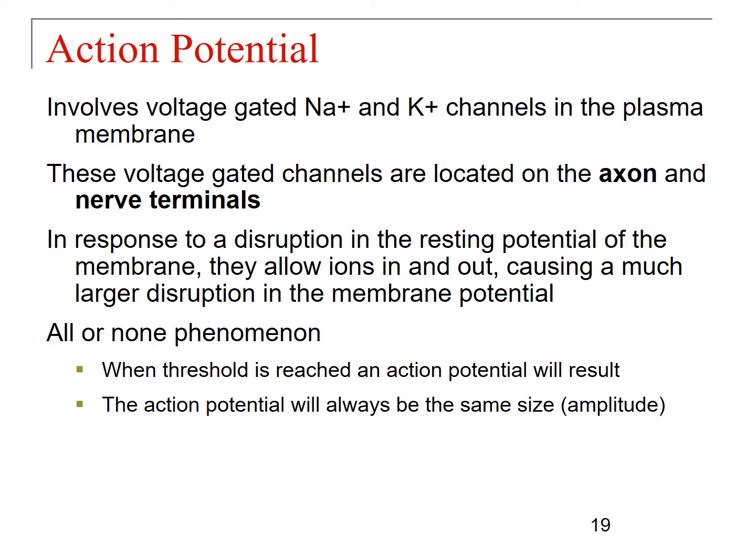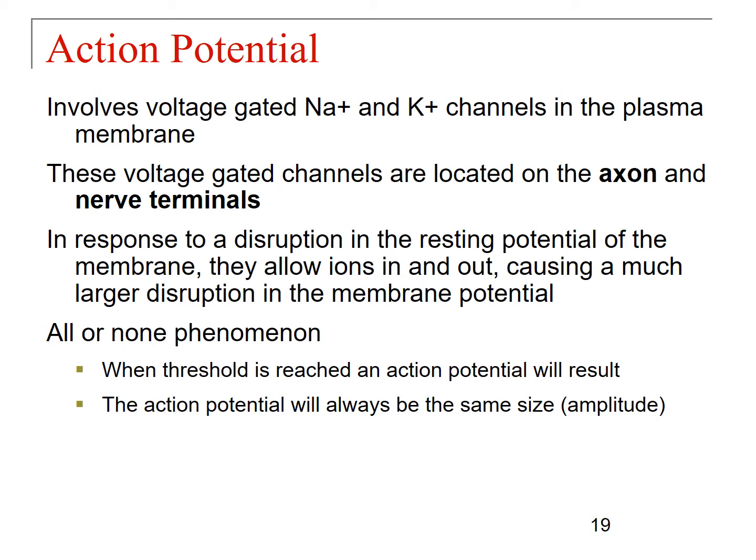Voltage-gated channels are only located at the axon and the nerve terminals. And what that means is that only the axon can carry an action potential. So you can only have an action potential located in the areas where you have voltage-gated sodium and potassium channels.